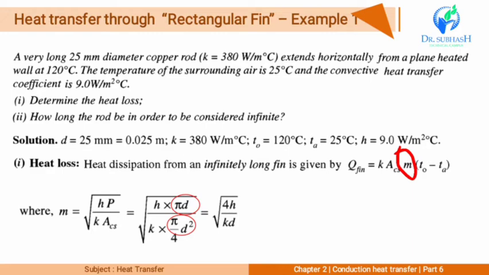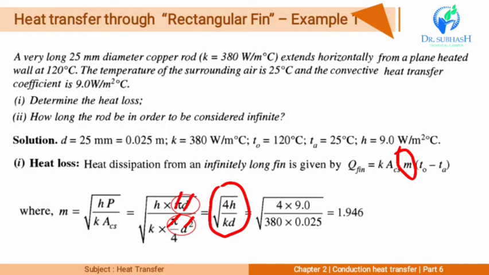If we mathematically simplify that equation, we get the square root of 4h divided by k into D. Here one D cancels out, one pi cancels out, and the 4 shifts to the numerator. So m is equal to the square root of 4h divided by k into D, that is the square root of 4 into 9 divided by 380 into 0.025, which is equal to 1.945.